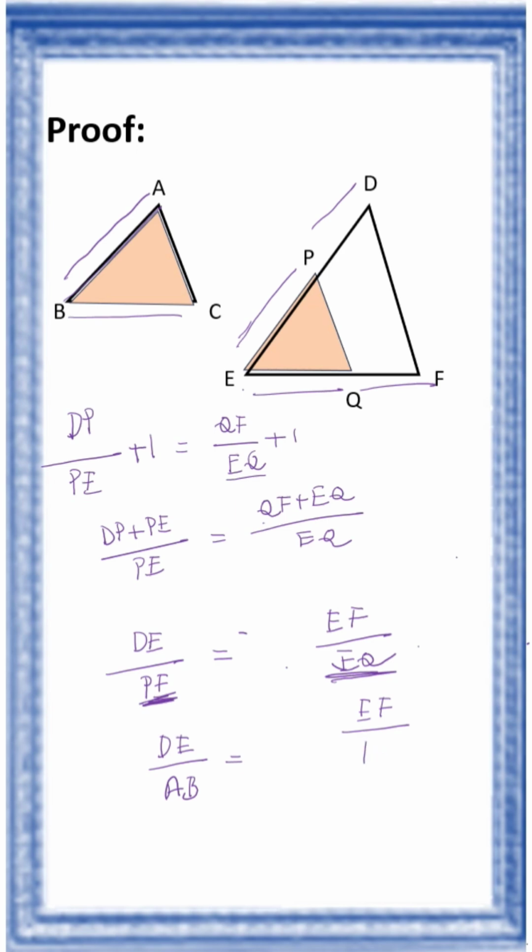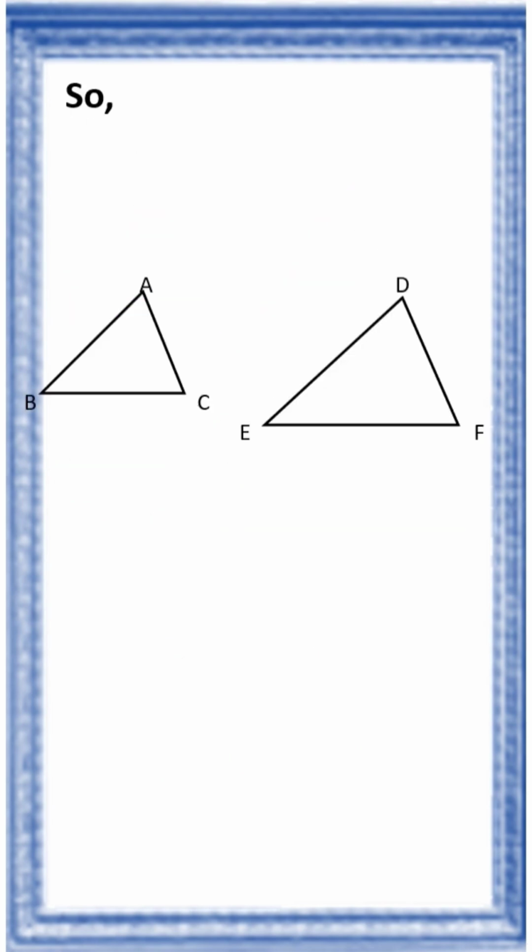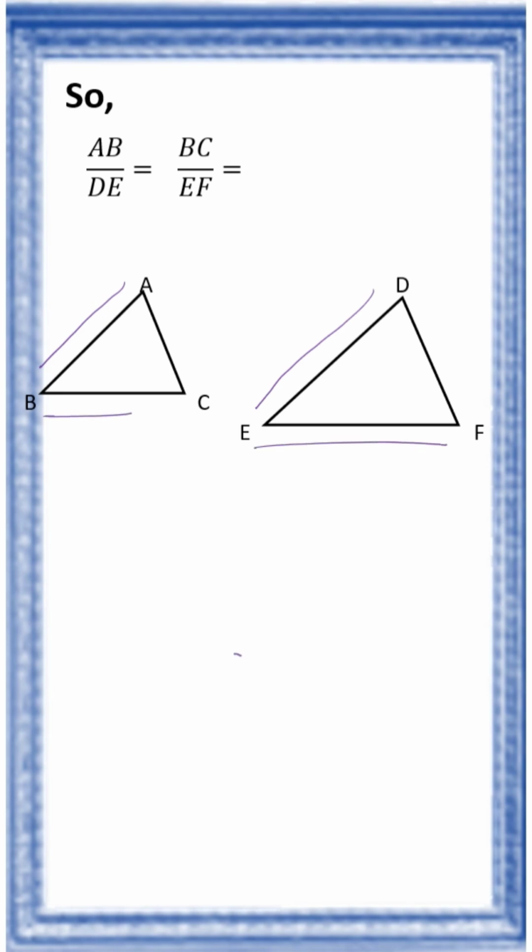So DE by AB is equal to EF by BC. So now we have what? AB by DE is equal to BC by EF. That one I have written in hand in the previous slide. You need not do this one, that one. So I have written.